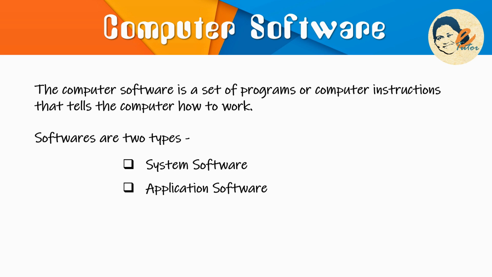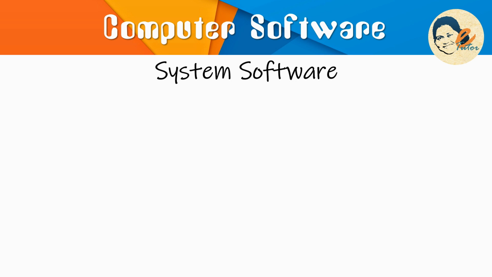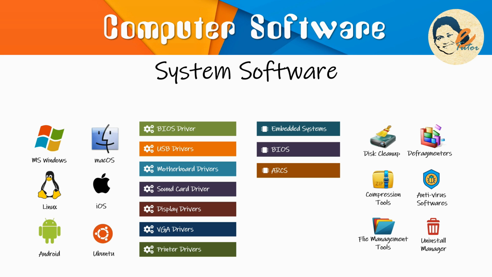Let's first discuss the system software. System software serves as the interface between the hardware and the end users, and it is designed to provide a platform for running application software.